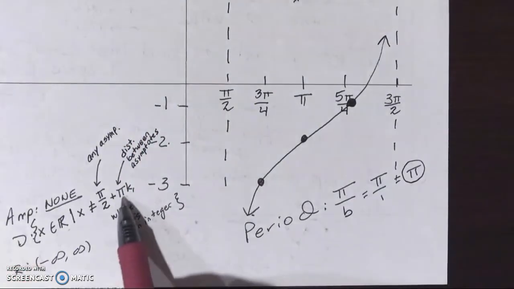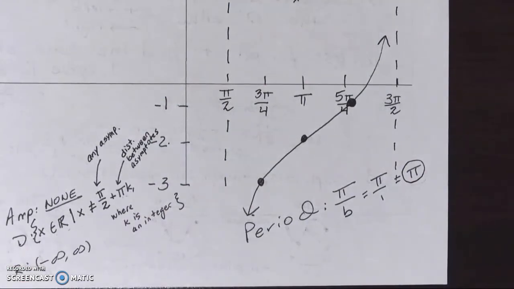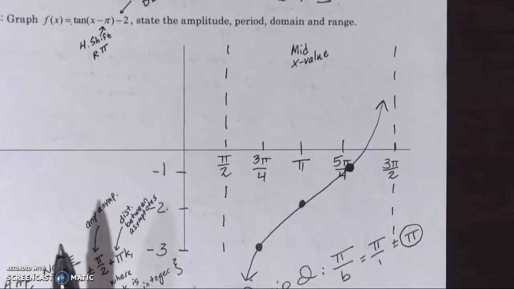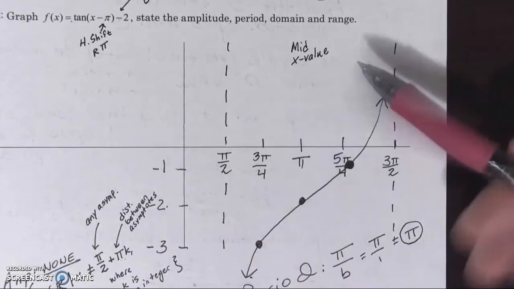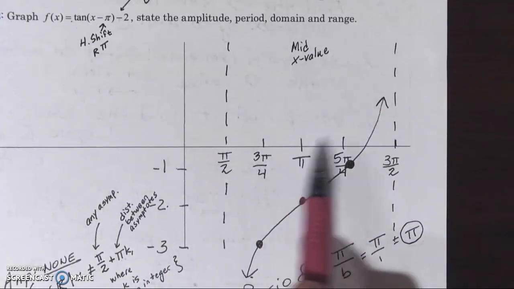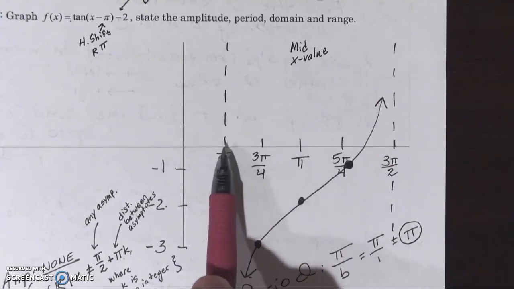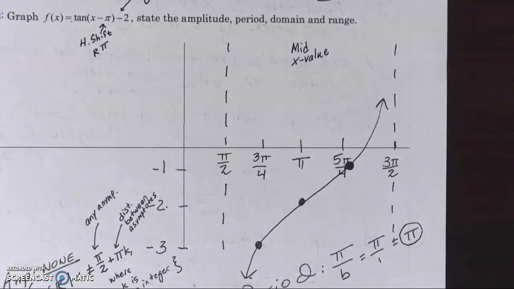In the case of tangent, that would always be the period of the graph. All right? And we are done learning how to graph tangent. Remember, the difference between tangent and sine and cosine is that when we shift our 0, we have the middle of our x values. And we have to go half the period to the right and half the period to the left to find our starting and ending x values of that one cycle.